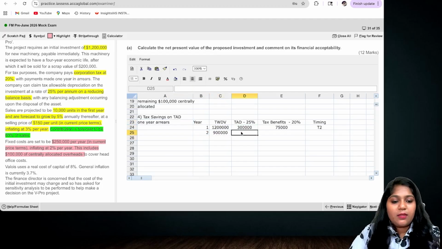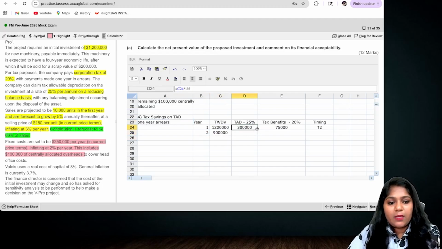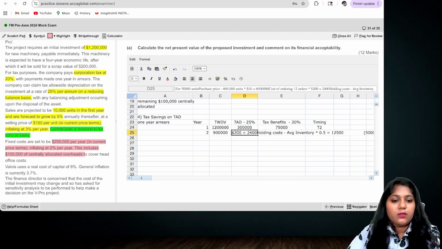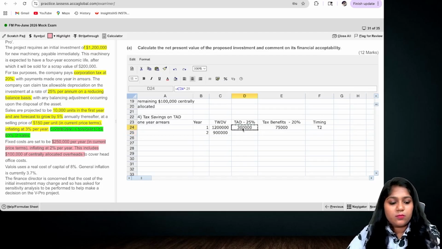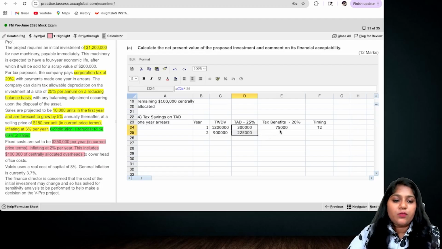But on this, once again, I will take 25%. That shall be $225,000. Here also you can go ahead and drag it.